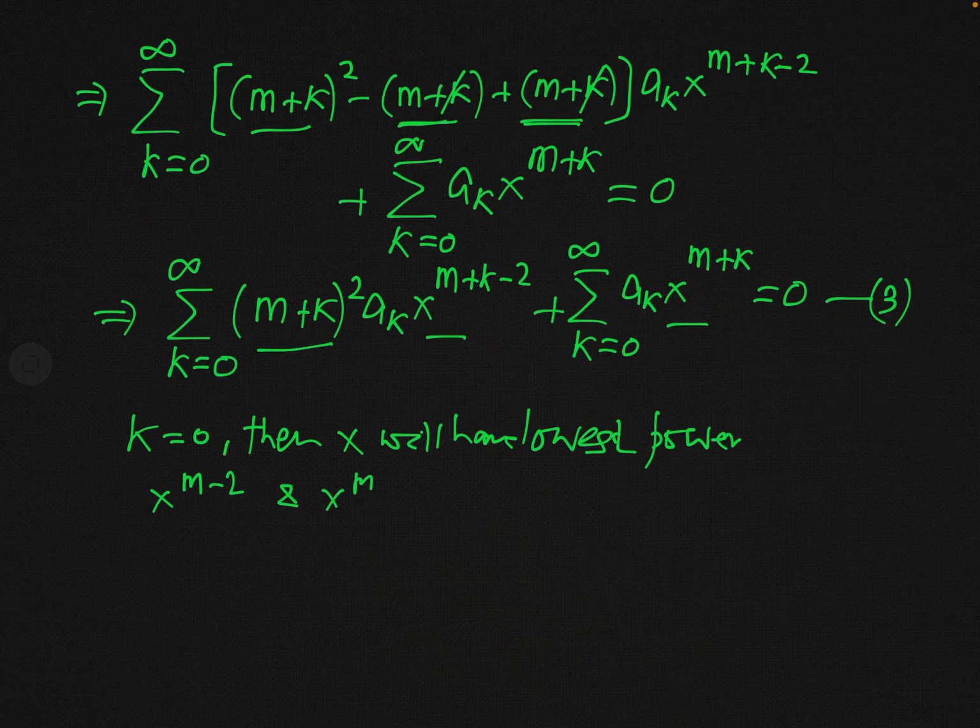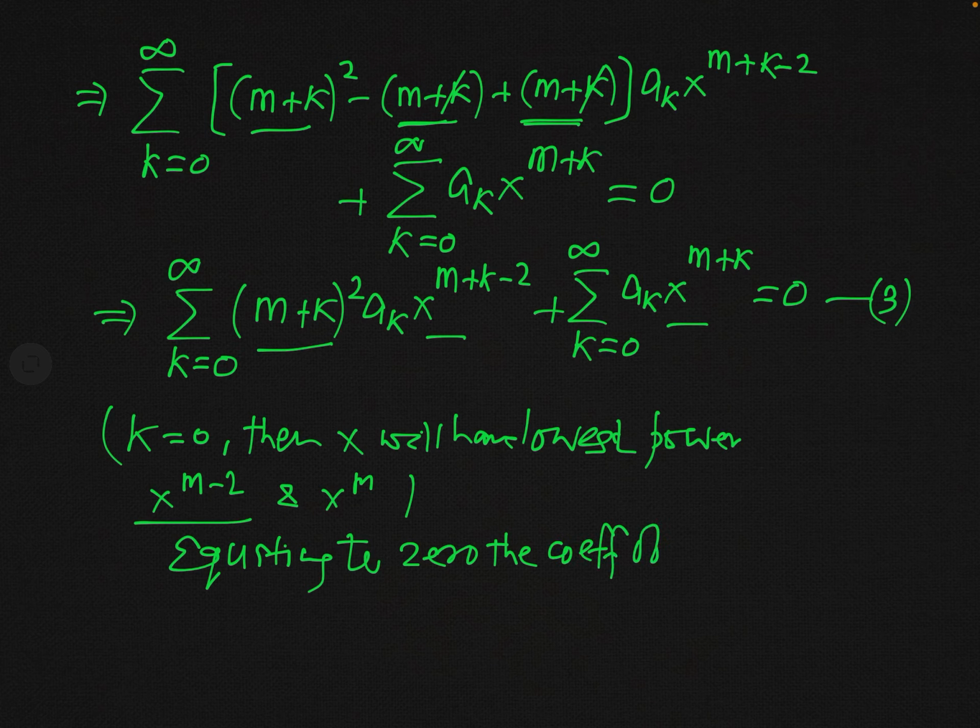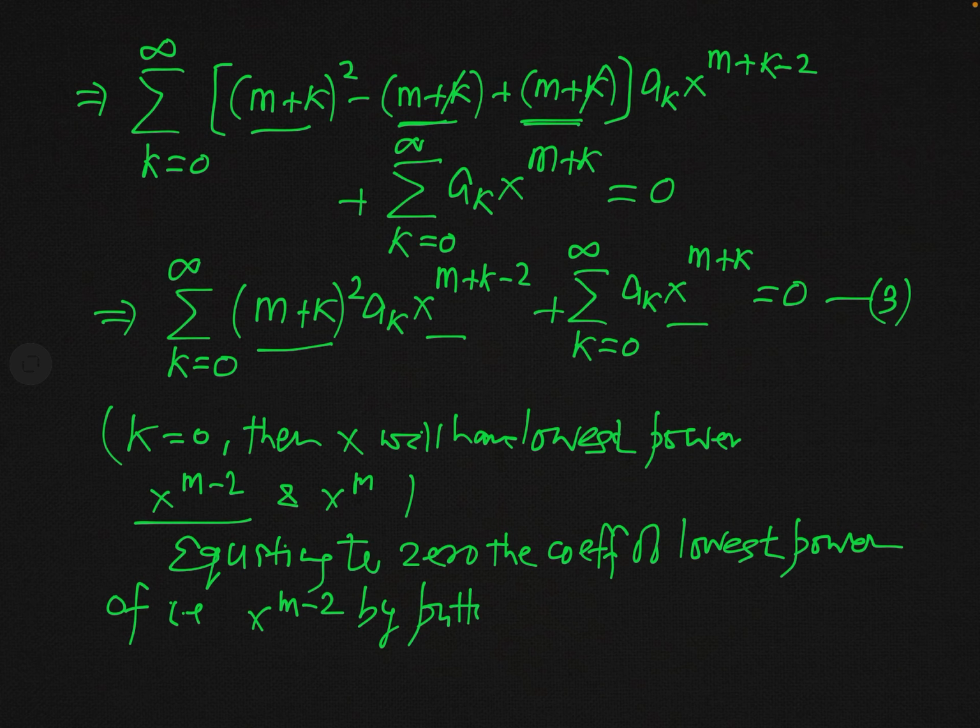So equating to 0 the coefficient of the lowest power of x, that is x to the power m-2, by putting the lowest value of k, and the lowest value of k is what?